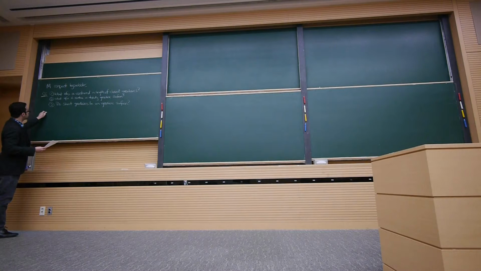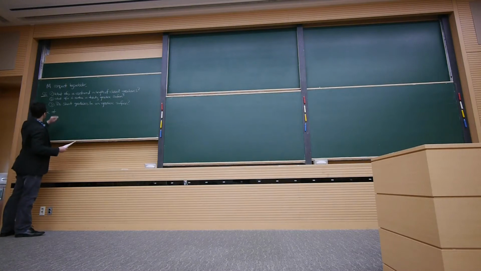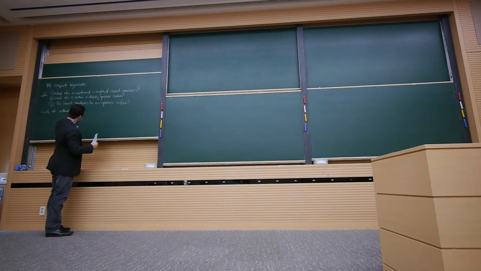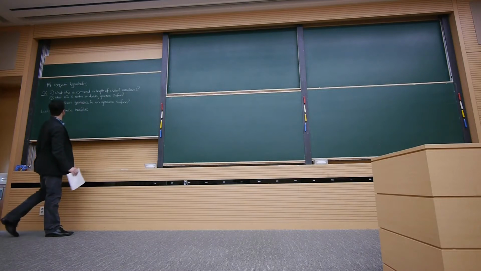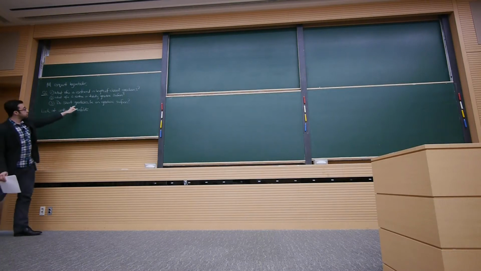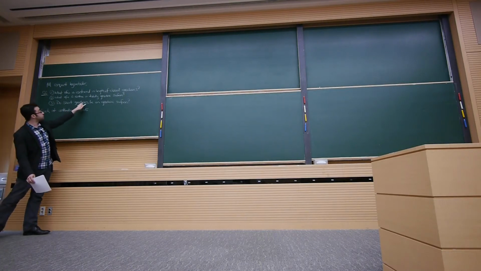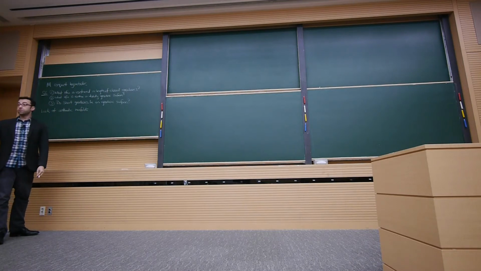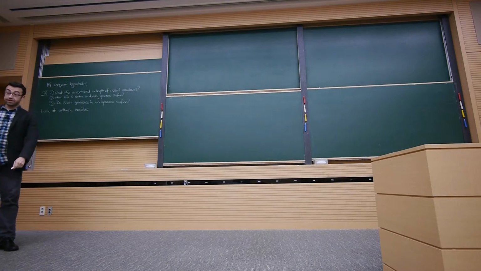We want to look at arithmetic manifolds. So these are the motivating geometric questions. We need to understand arithmetic manifolds, we want to understand geodesics, we want to understand surfaces. And so that's what I'm going to talk to you about today.